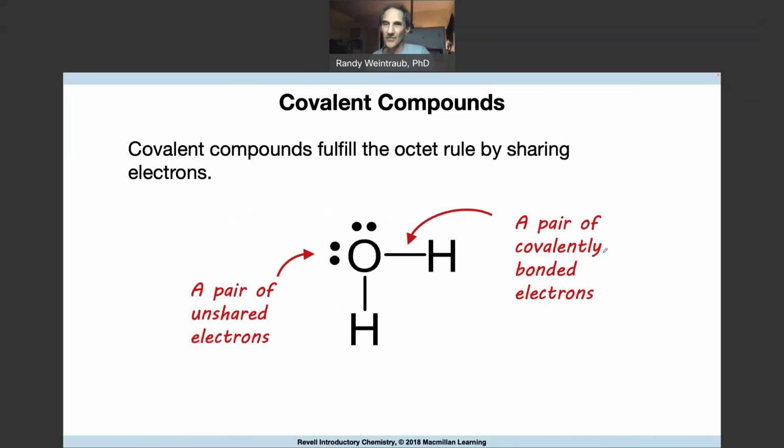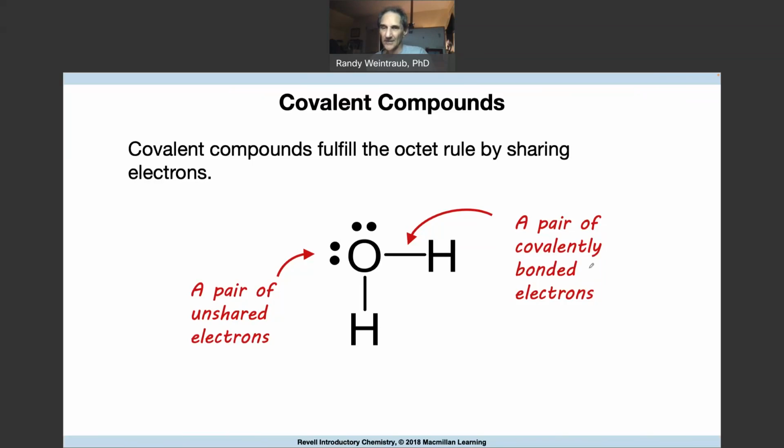Covalent bonds form when elements combine through sharing. In the water molecule, an oxygen atom covalently bonds with 2 hydrogens. The valence level of the hydrogen is filled by the 2 electrons. What about the oxygen? The oxygen has 4 unshared electrons and 2 covalent bonds.